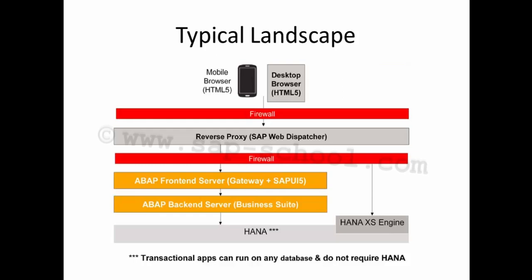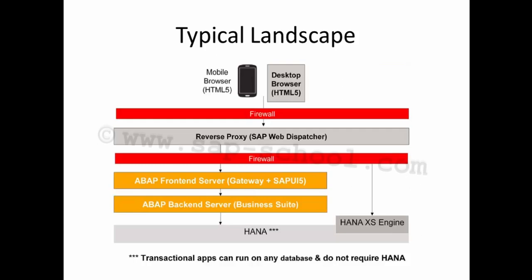So the SAP Web Dispatcher is recommended when we use an SAP system with several SAP NW instances for the web applications. It is a program that we can run on the machine that is connected directly to the internet.